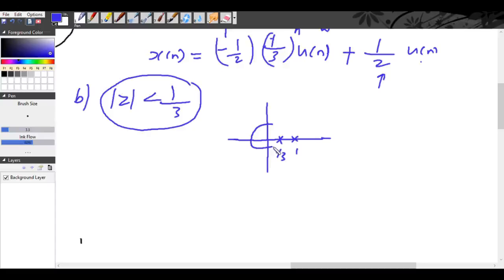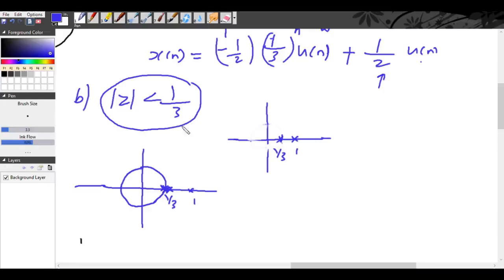ROC circle will be something like this, let me draw it here. So 1/3 and 1. The ROC will be a circle of radius 1 by 3. It is not a perfect circle, sorry, I cannot get the drawing correct, but the boundary of this circle should be 1 by 3.